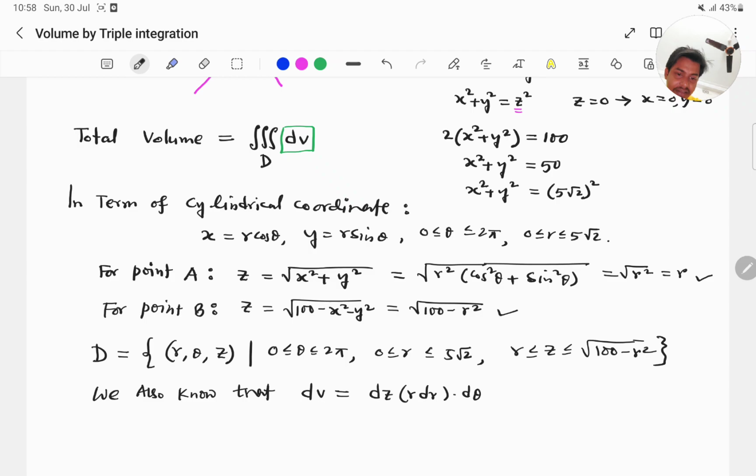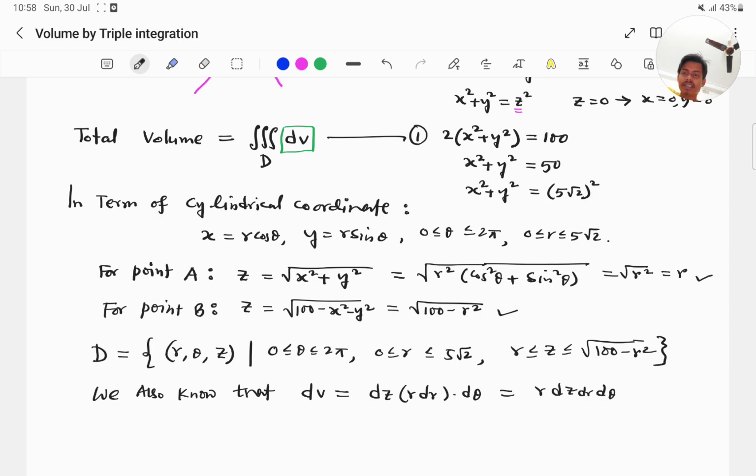Sometimes people write it like r dz dr d theta. So once we know this, we can now write down the triple integral that we have here, call it 1, in term of cylindrical coordinate, and we can calculate the volume.